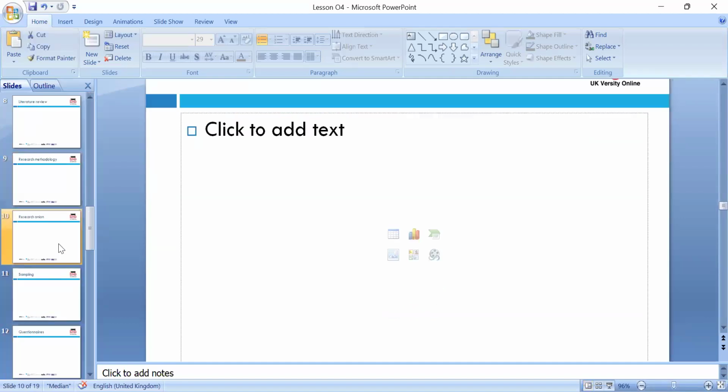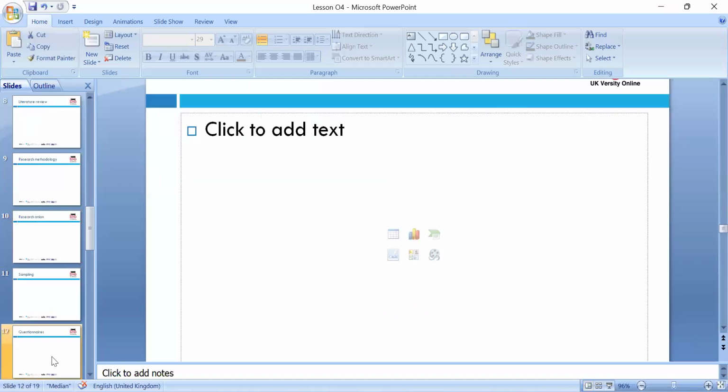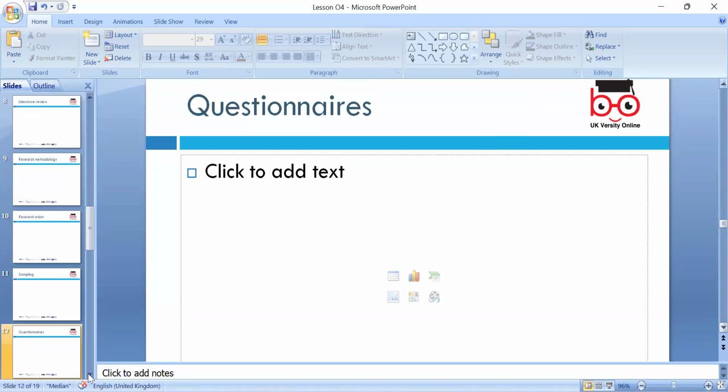Then you move to the research onion model: quantitative, qualitative, sampling size, questionnaire, which we discussed in our LO3 lesson.